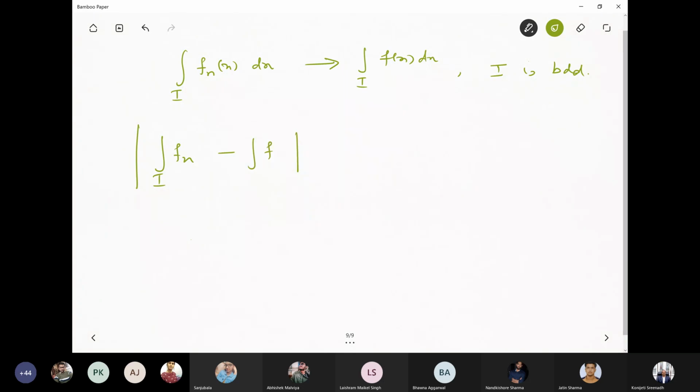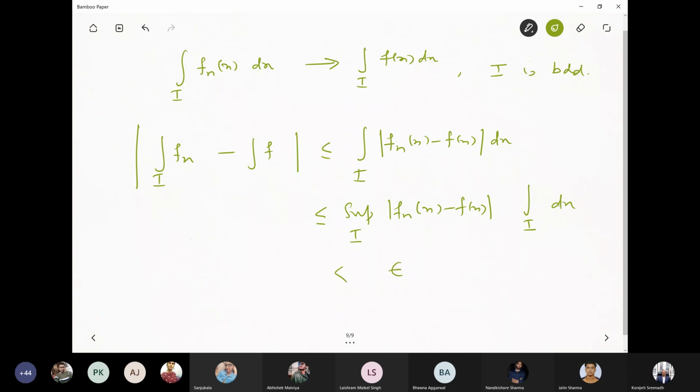Just use the property of the Riemann integrals. So this becomes the integral of Fn(x) minus f(x), and take the absolute value inside. I can take the supremum out of the integral, times the length of I. And we know that if Fn converges to F uniformly, this is less than epsilon times the length of the interval.